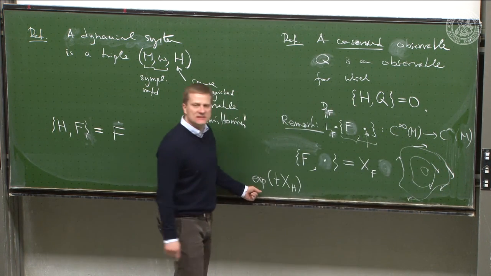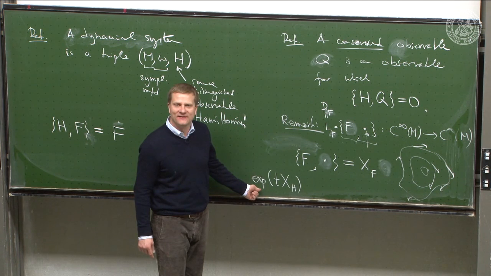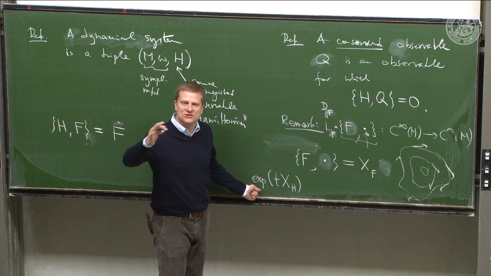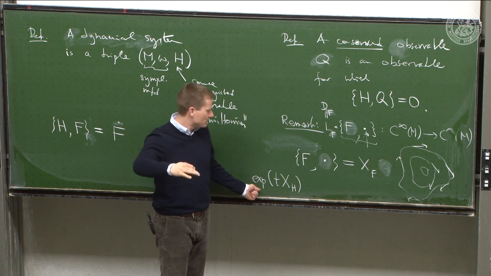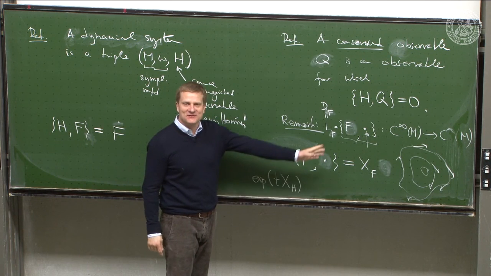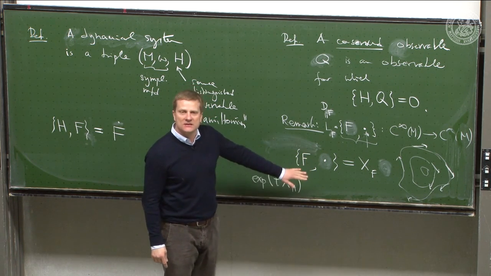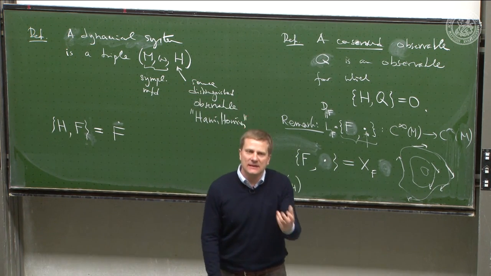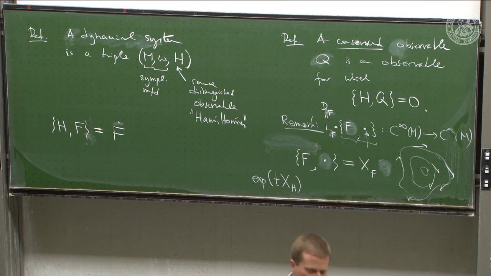We could also say it's the time development operator. It tells you how the system moves. Isn't that crystal clear from this picture? Anyway, the Hamiltonian vector field is not an abstract thing, it's something extremely concrete. Questions so far? This is the short version of classical mechanics in terms of this geometry.